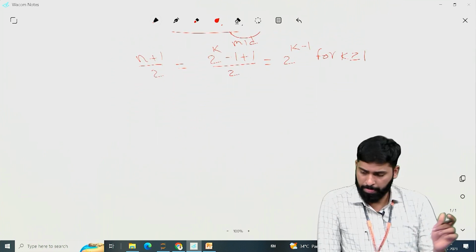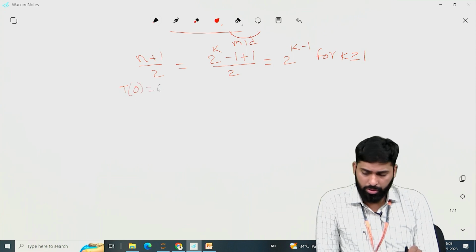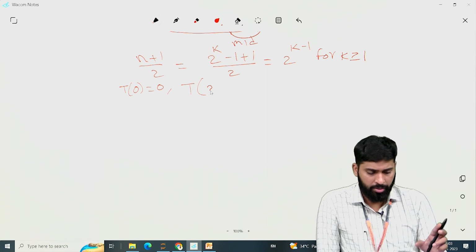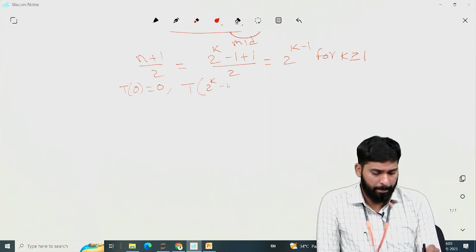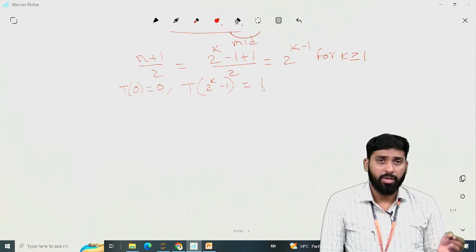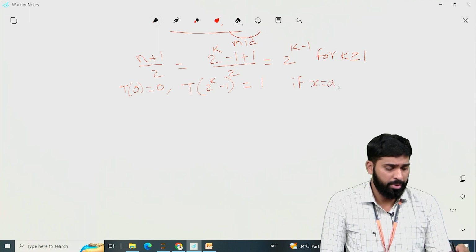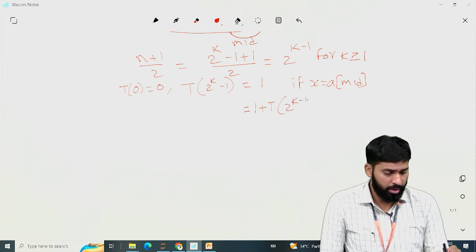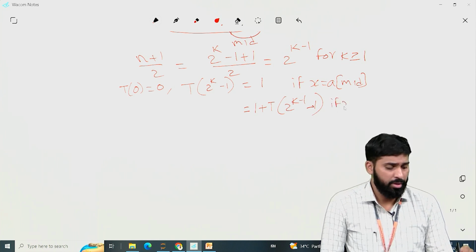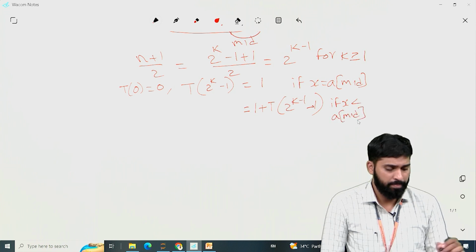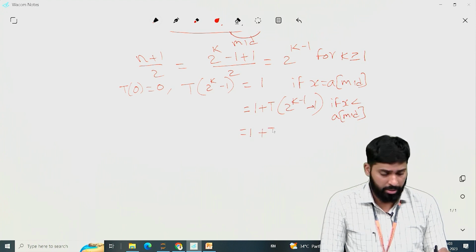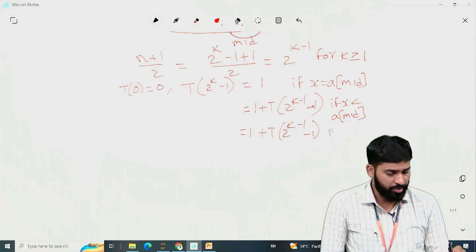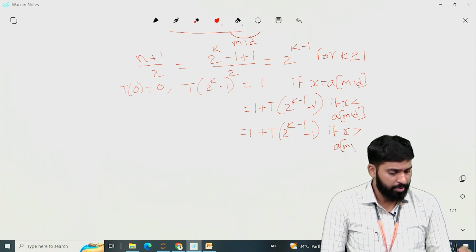Here I write the same: T(0) equals 0, and T(2^k minus 1) equals 1 if x equals A[mid], and it equals 1 plus T(2^(k-1) minus 1) if x is less than A[mid], and it becomes 1 plus T(2^(k-1) minus 1) if x is greater than A[mid].